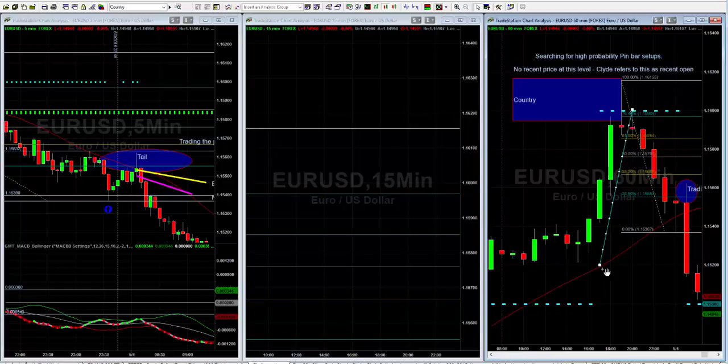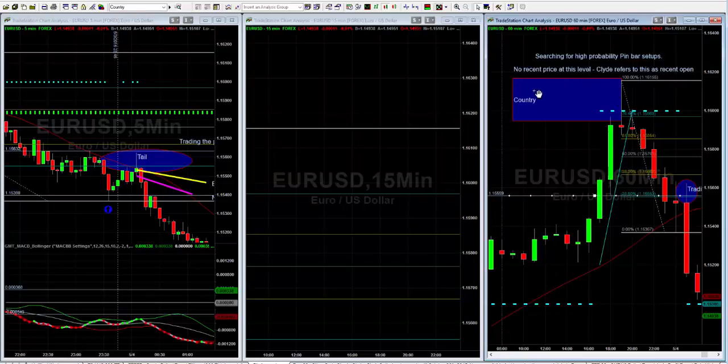Breaking the trend line, breaking through the moving average, or breaking through support. So there's three ways we can use our entry point. We can use previous support resistance, we could use our trend line as a breakout, or we can use our moving average. So there's three ways in which we can get into the market.